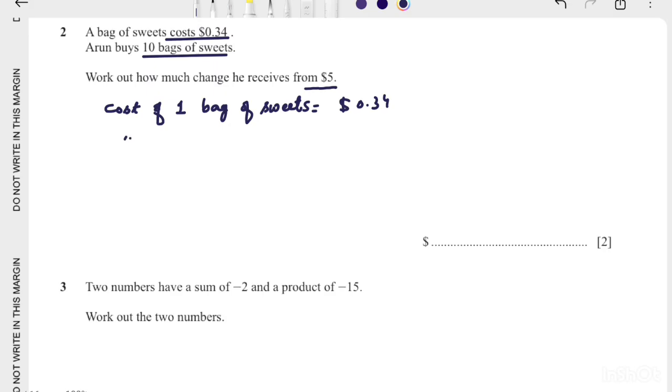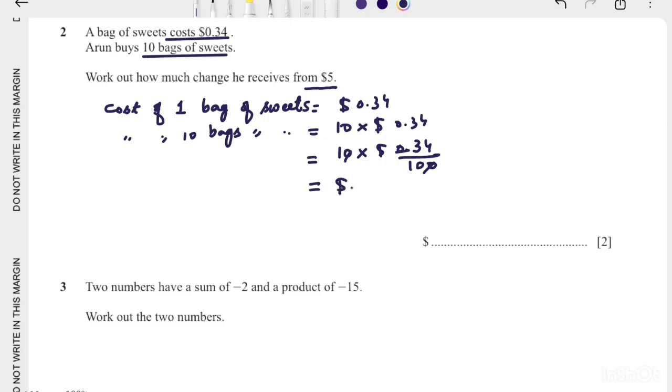Now cost of 10 bags of sweets would be equal to 10 times $0.34. It will be 10 times, we have to remove the decimal, it will be 34 times 10, so it will be 3.4.